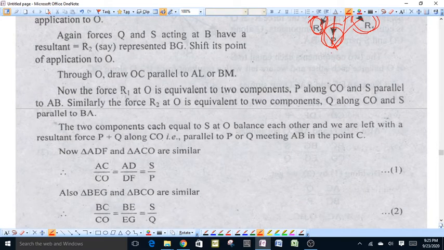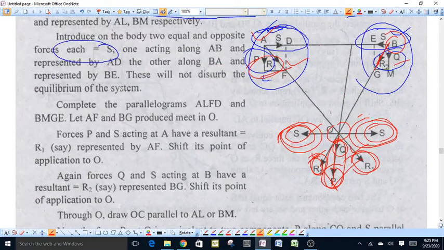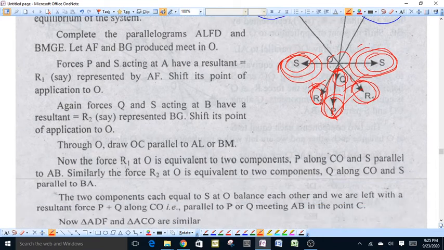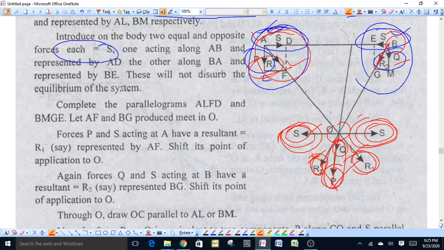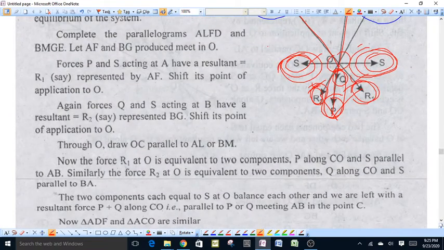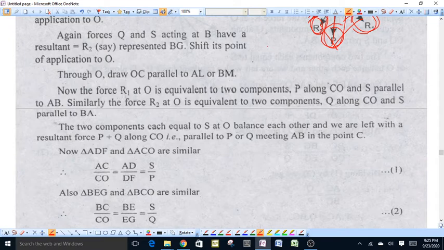Now see this triangle ADF and triangle ACO. Suppose this is point C. These two triangles are similar triangles, and in these two similar triangles, the ratio of corresponding sides will be equal.